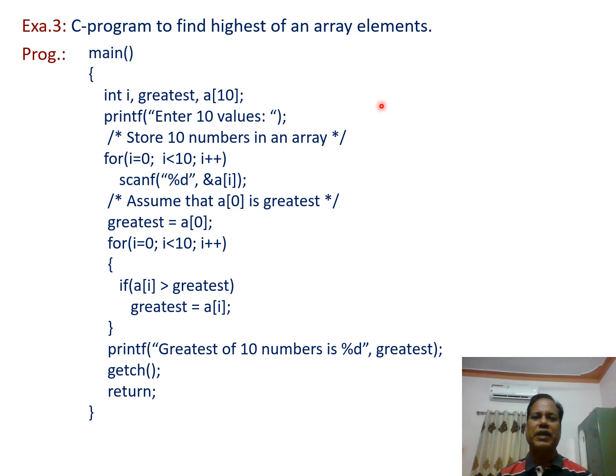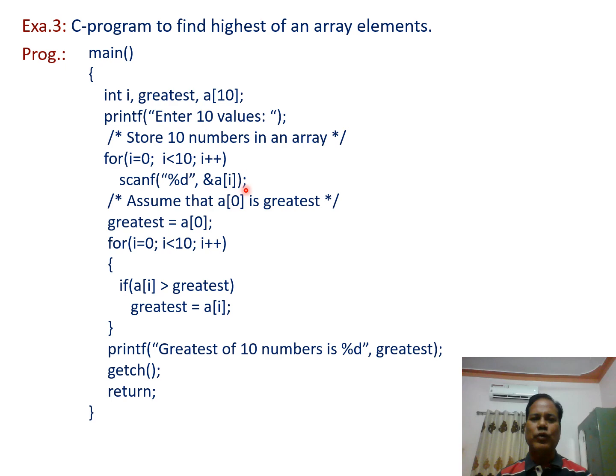This is the message that is printed on the output screen. Then we enter the 10 values, and those 10 values are taken in using the for looping statement and stored in array A.